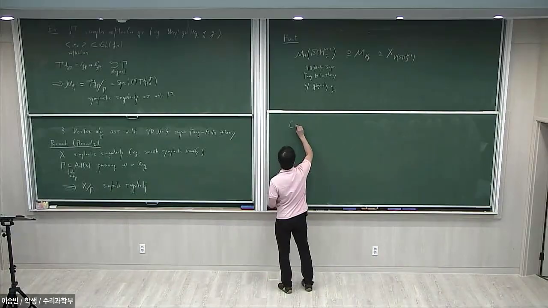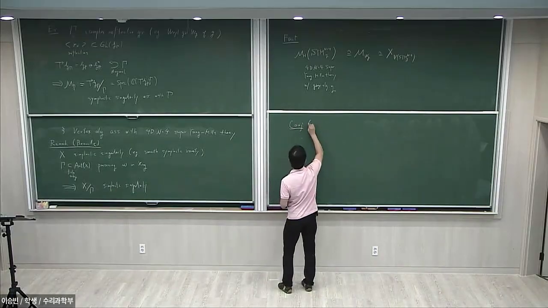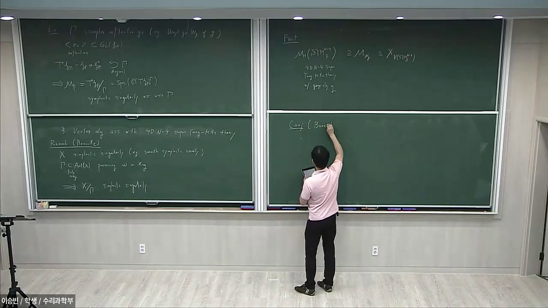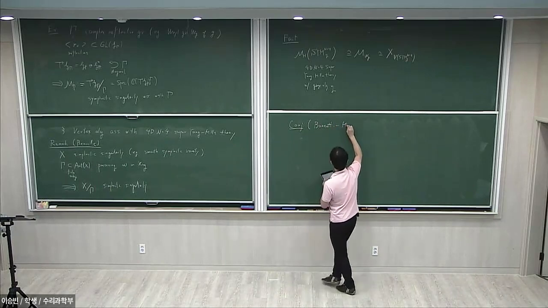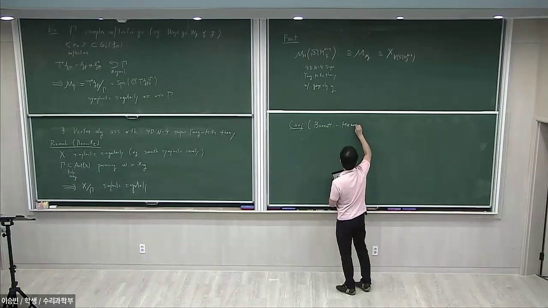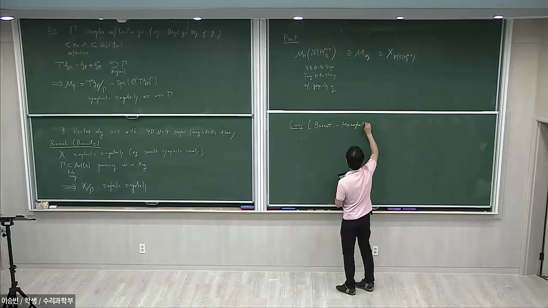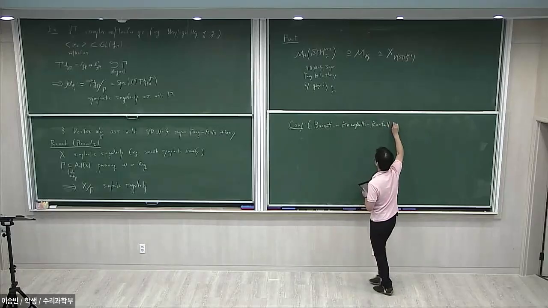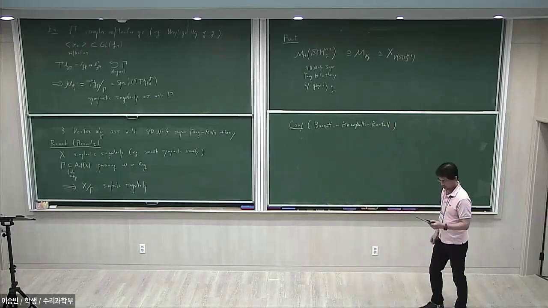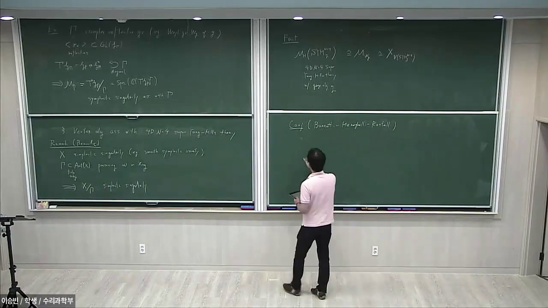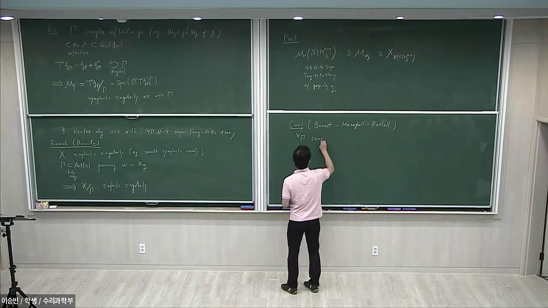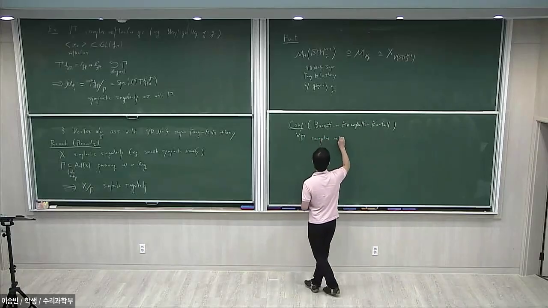And this is a conjecture by Bonetti, Meneghelli and Rastelli, which states the following. You can consider any complex reflection group.